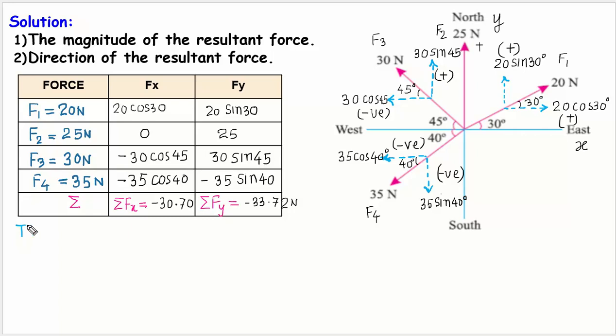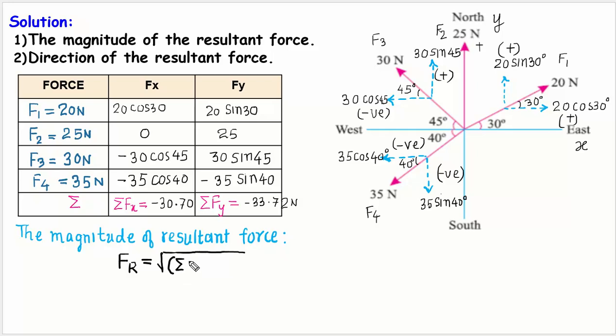Now we have to find first the magnitude of the resultant force. The magnitude of the resultant force, which I am going to call Fr, is the square root of (summation of Fx) squared plus (summation of Fy) squared. We have already calculated the values of summation of Fx and Fy.